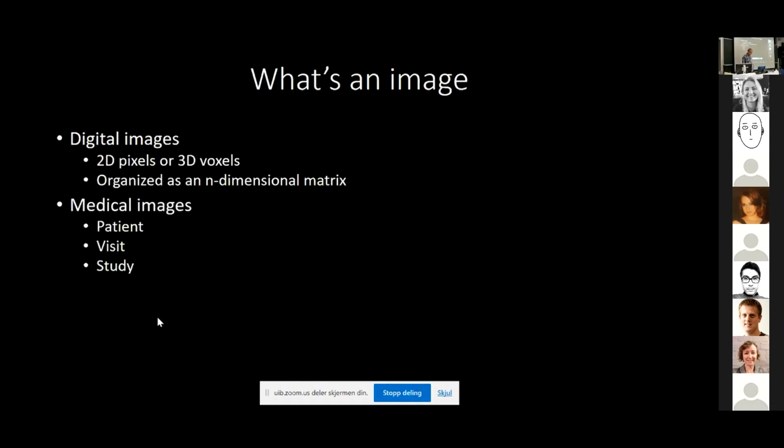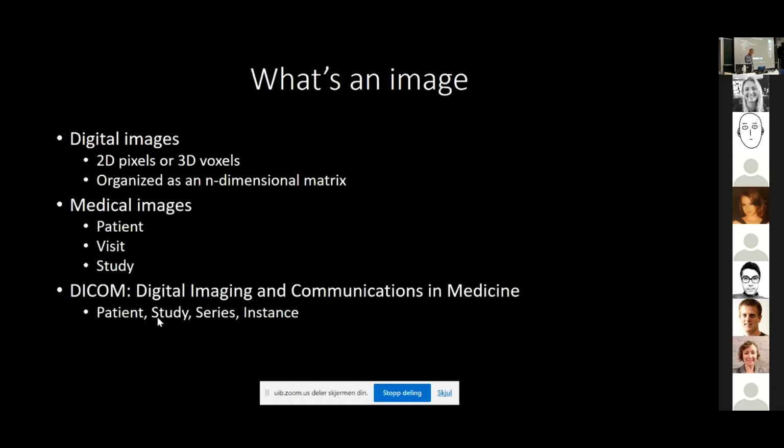When it comes to medical images, then we are concerned about patients and physics studies, which is a different world in some way, but we have to connect these two things. And one standard way to do this is in the form of DICOM images. Digital Imaging and Communications in Medicine was standardized first in 1993. Basically, the information is grouped into four different levels.